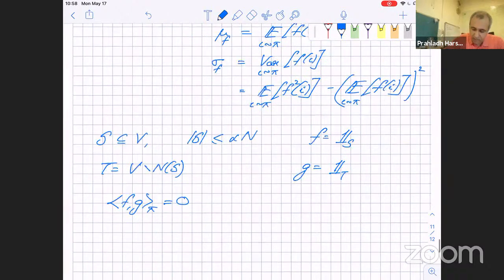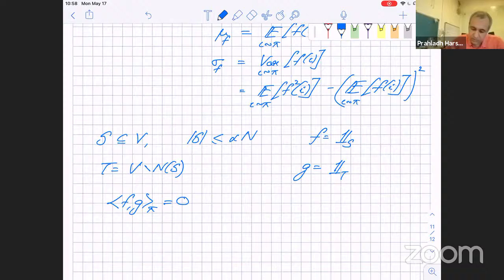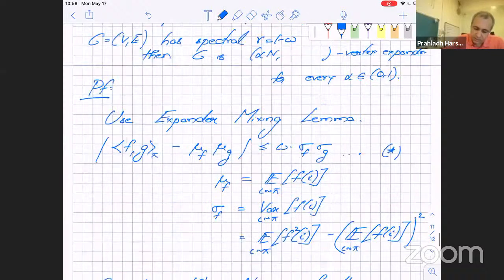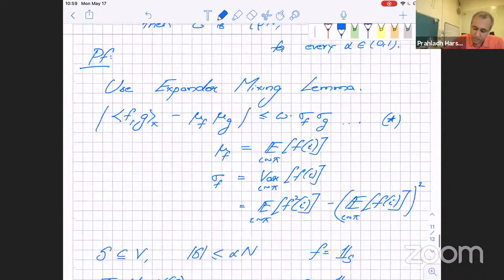Therefore, what do we have? Should I not use alpha for this? Let me use rho for this.